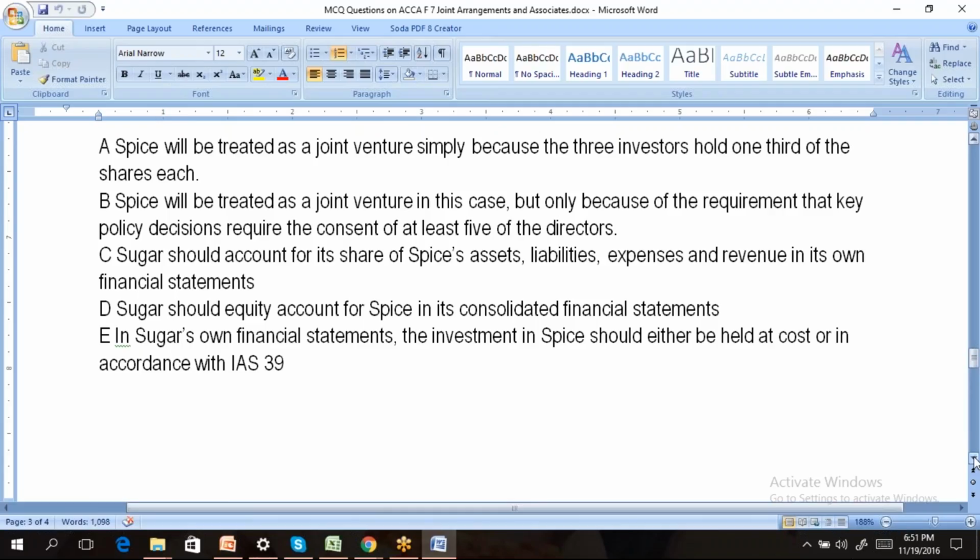E: In Sugar's own financial statements, the investment in Spice should either be held at cost or in accordance with IAS 39.